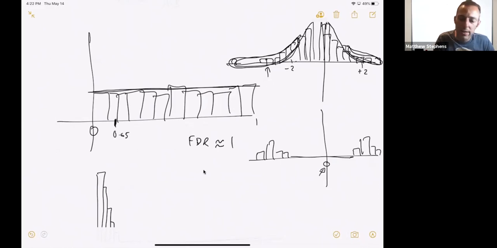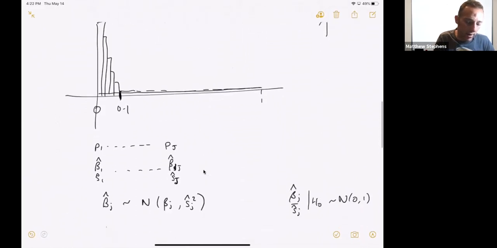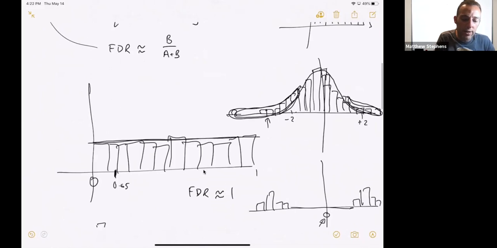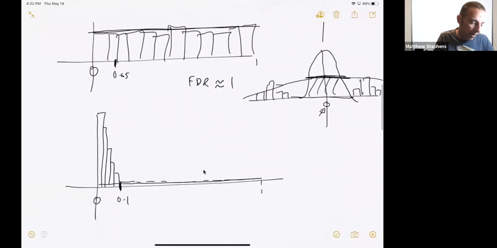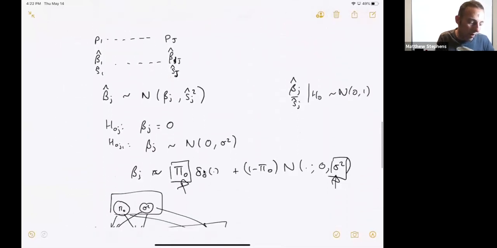So what the empirical Bayes approach tends to do is to say, well, maybe under the alternative we expect the z-scores to have a longer tail, and under the null there's a normal 0, 1, but not to say that there are no z-scores near 0 under the alternative. In fact, if you look at this model, implicitly some of the alternatives will be very close to zero.